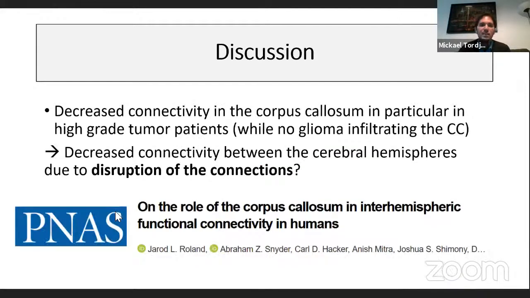So that could explain why we found the decreased connectivity in the corpus callosum in our study, in particular in high-grade tumor patients, while there was no glioma infiltrating the corpus callosum. So maybe the decreased connectivity between the cerebral hemispheres is due to the disruption of these connections.